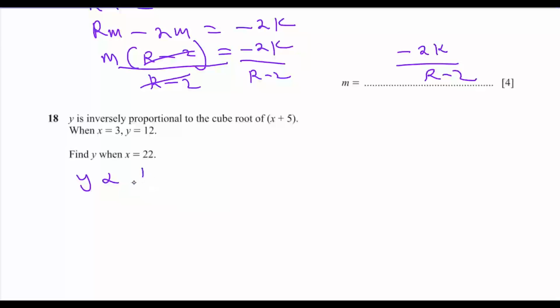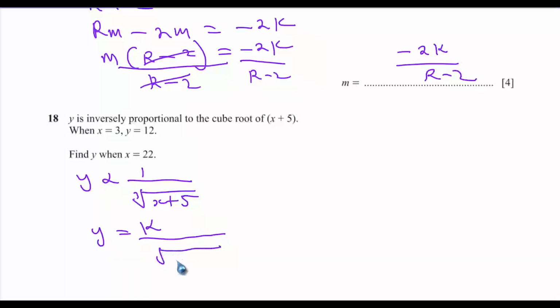So that means you have 1 over the cube root of x plus 5. Then we can now proceed as this. Y is equal to, we need a constant to replace this sign of proportionality, then we have k over the cube root of x plus 5.